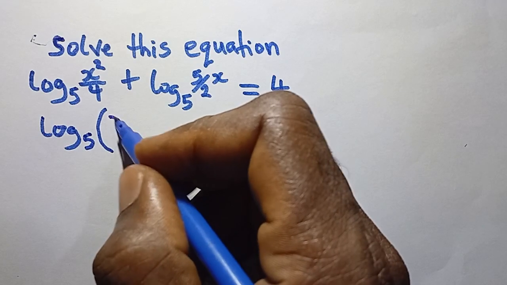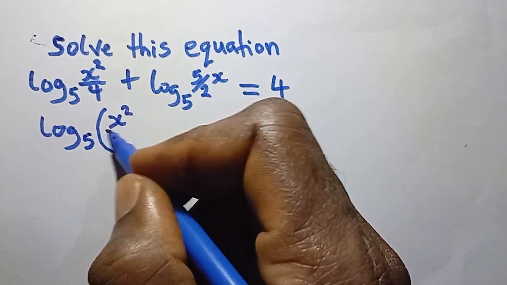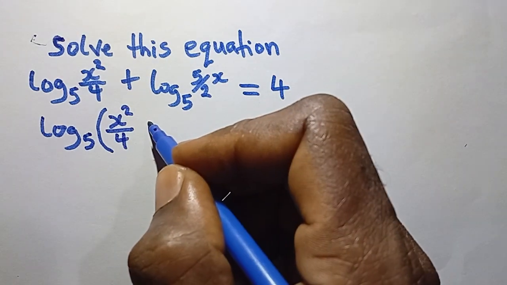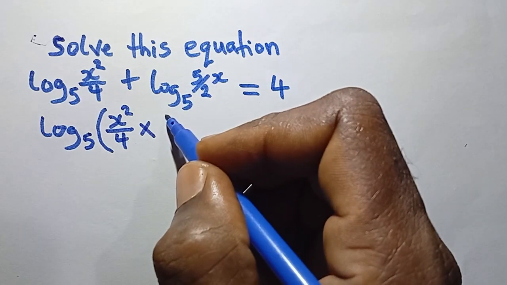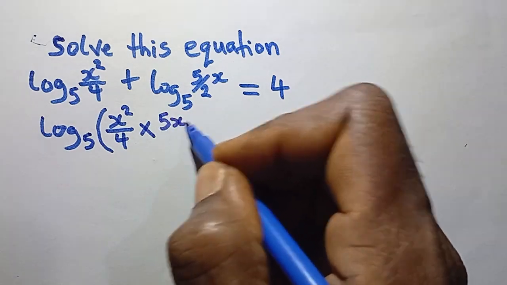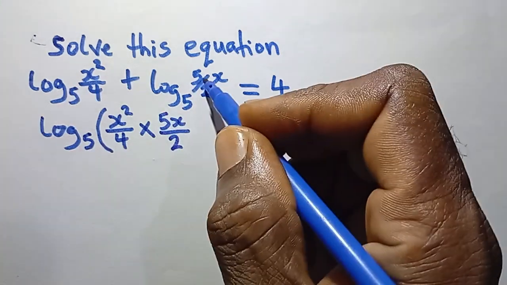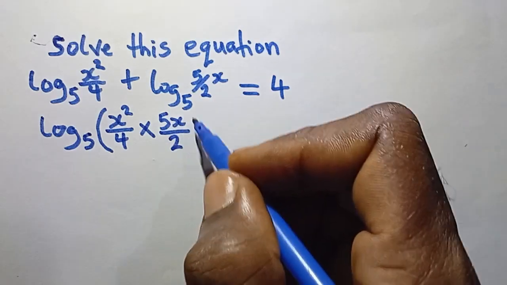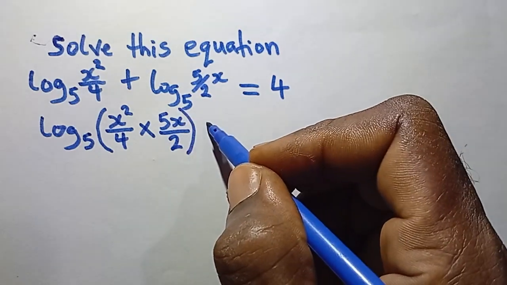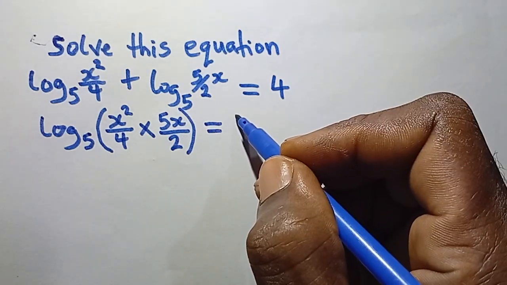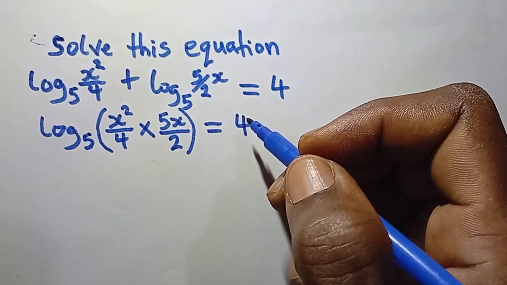So that becomes x squared over 4 multiplied by 5x over 2. This 5 over 2x is inverted to 5x over 2, and everything is equal to 4.